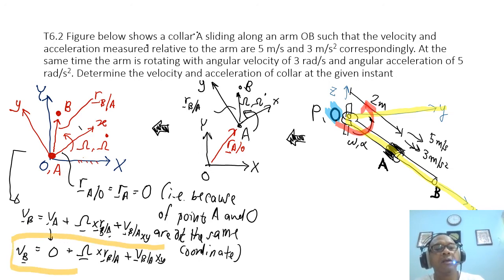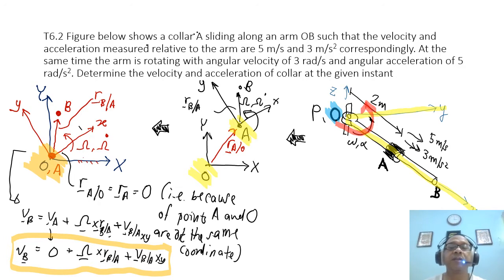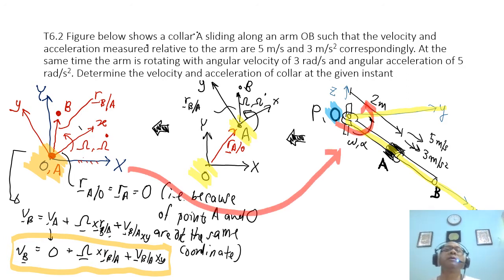You can do the same thing with acceleration, but the whole idea is to show you what happens when O and A are coincident compared to the case where O is separate from A. This is the case being applied here. So we go from this to here, and then we apply it to this case. That's how we solve number 2.